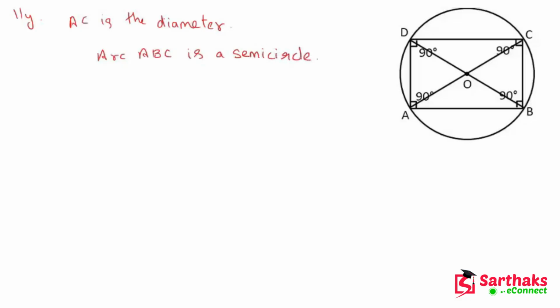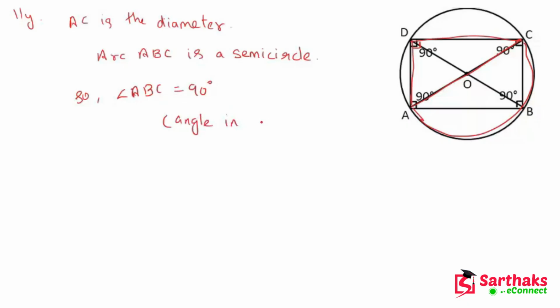We are talking about this arc A, B, C. This is the semicircle, AC is the diameter, and we know that the angle subtended by the diameter or the semicircle at any point of the circle is 90 degrees. So angle ABC is 90 degrees. We can write the reason.